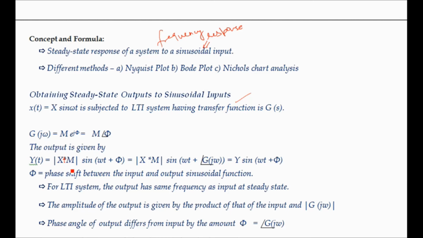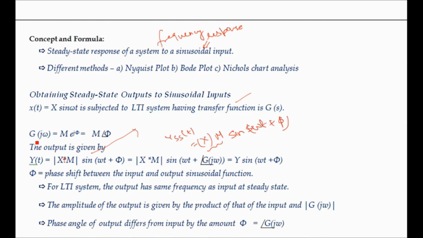So the steady state output is the magnitude of the transfer function times the amplitude of the input, which is the amplitude of the output, and the second part is sine(omega t plus phi), where phi is the phase shift due to the transfer function.